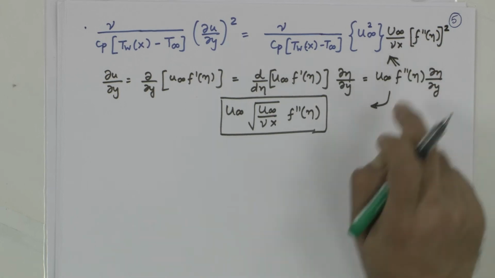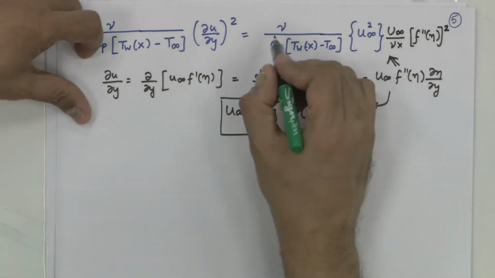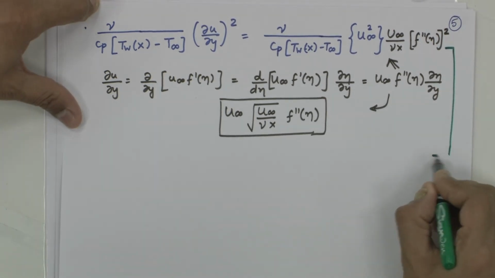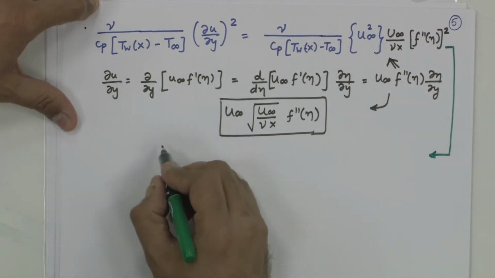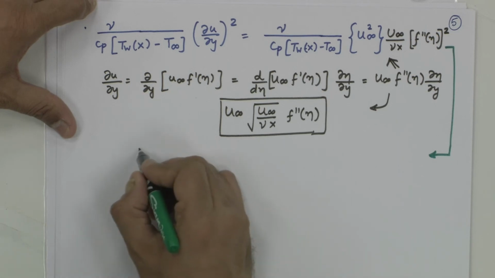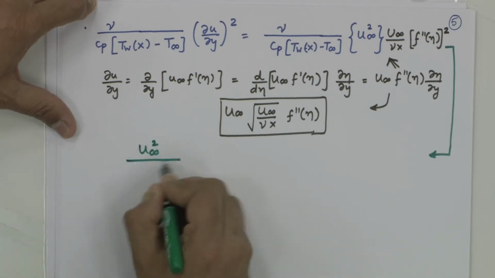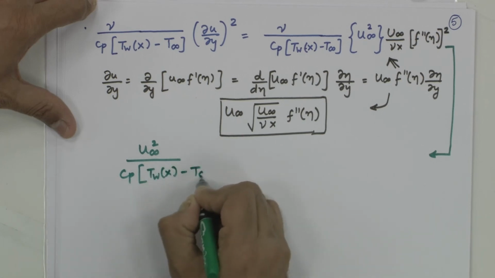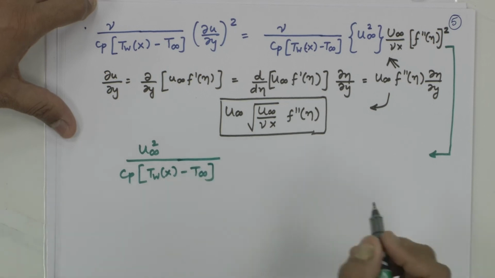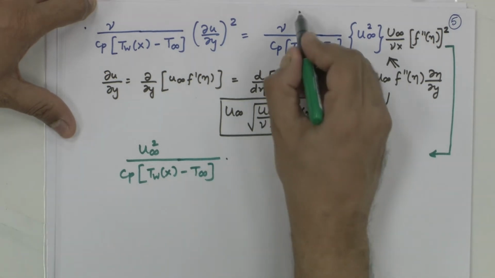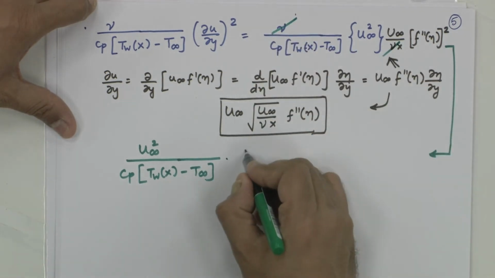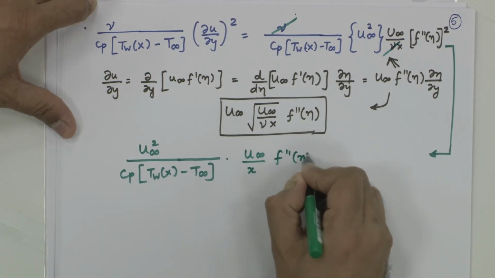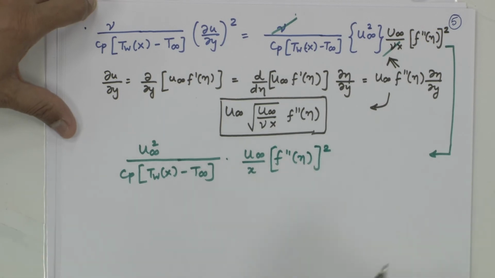So this is my right hand side, and I will recast this. It is u∞² over Cp (T_wall(x) − T∞). The ν's cancel. I am left with u∞ over x, f''(η) whole square.